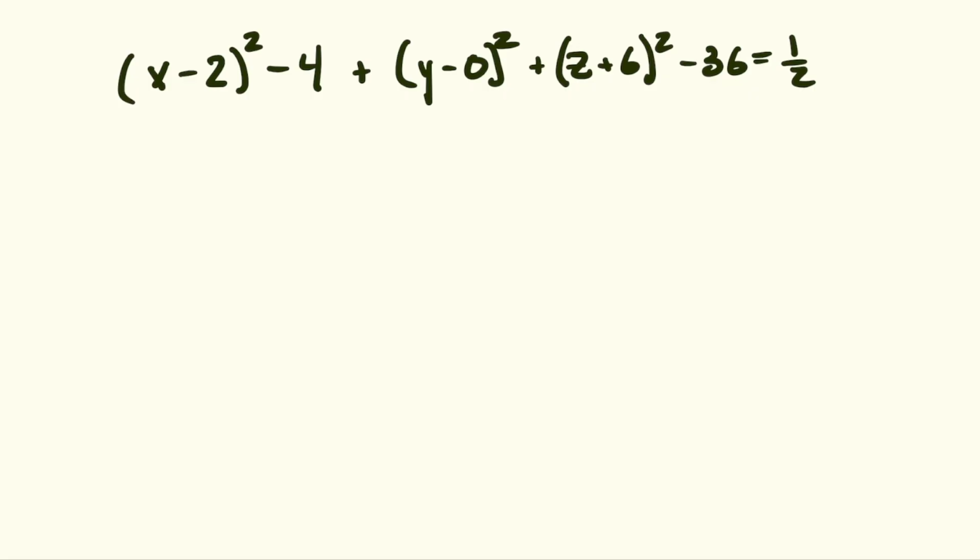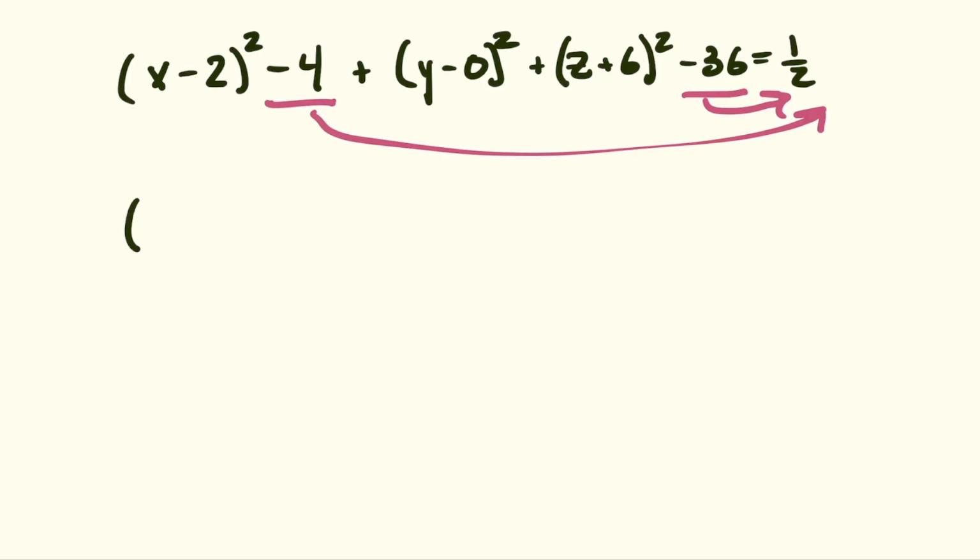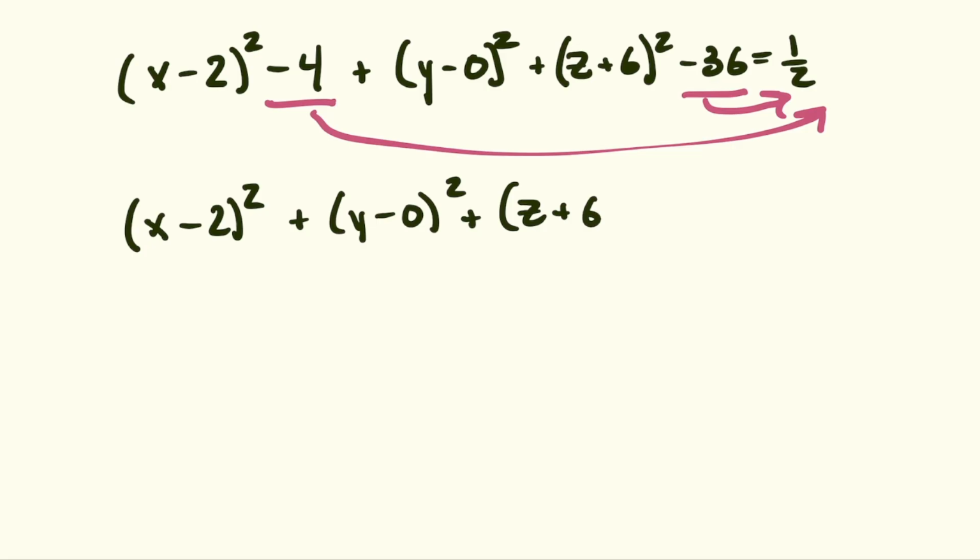Let's take all of our integers here, the minus 4 and the minus 36, and we're going to just move them over onto the other side of our equation. So we get x minus 2 squared plus y minus 0 squared plus z plus 6 squared is equal to 1/2 plus 36 plus 4.